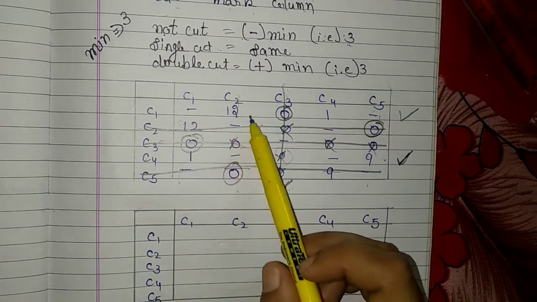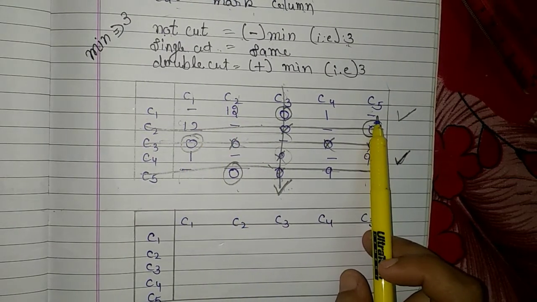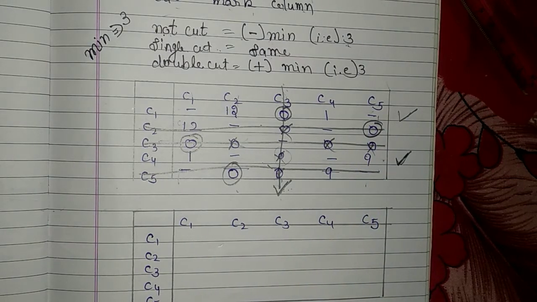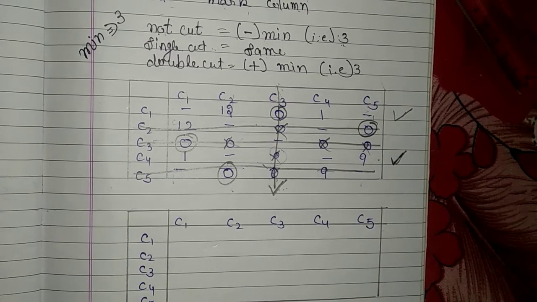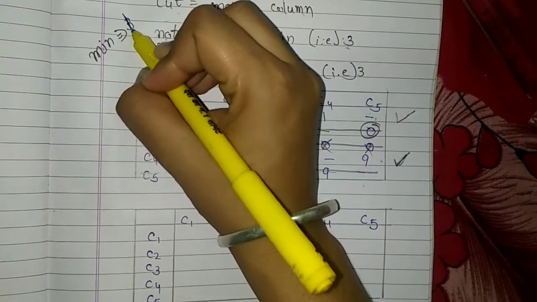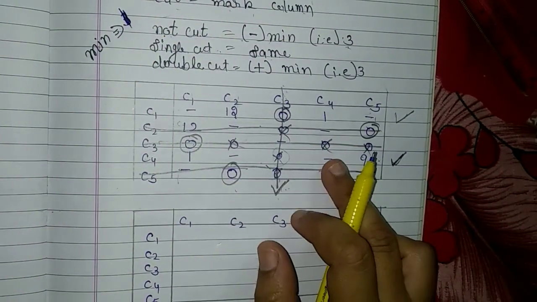We have to select the minimum number from not cut numbers. Here the minimum number is 1. The minimum number is 1 in this table.